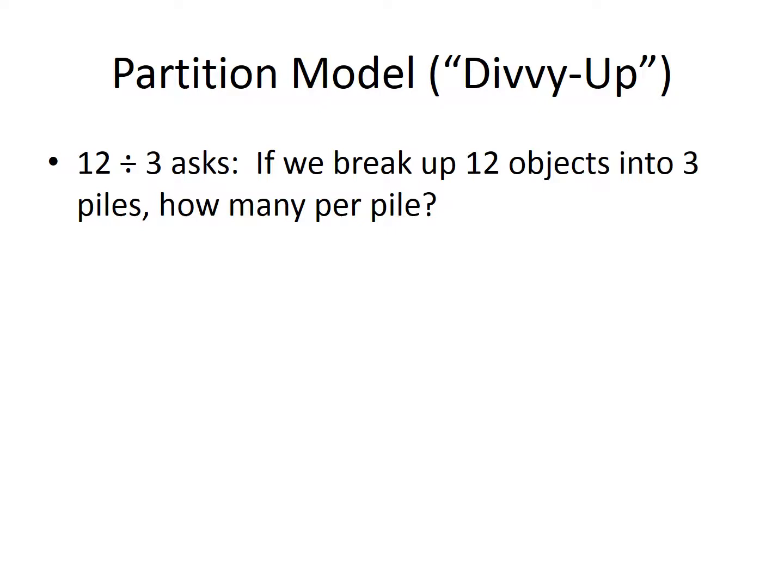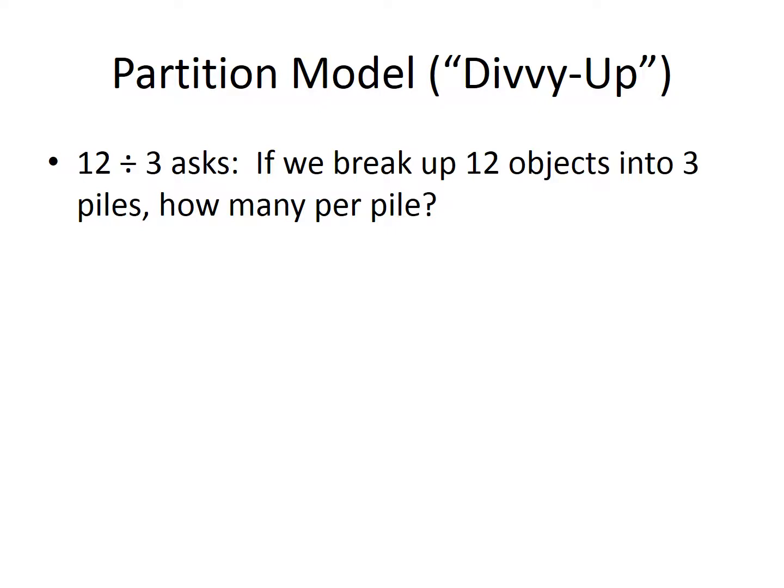Now, in contrast to that measurement model is what we call the partition model. Before, we had 12 divided by 3, and we said, how many 3's can I take away? Let's try that again.